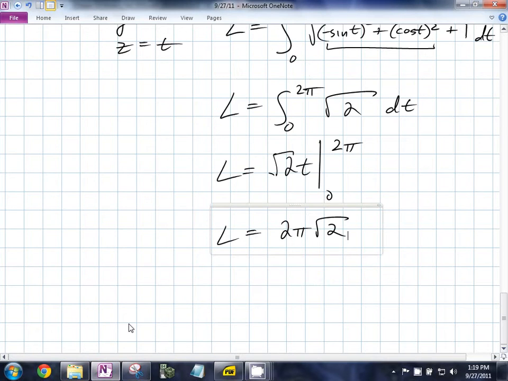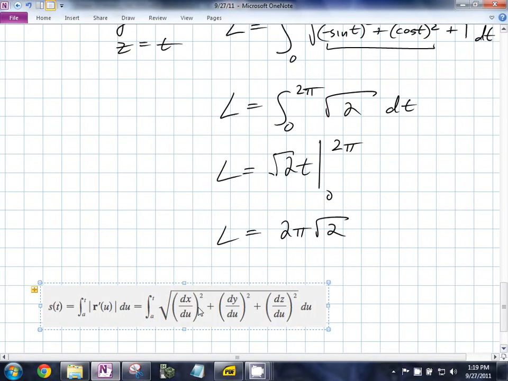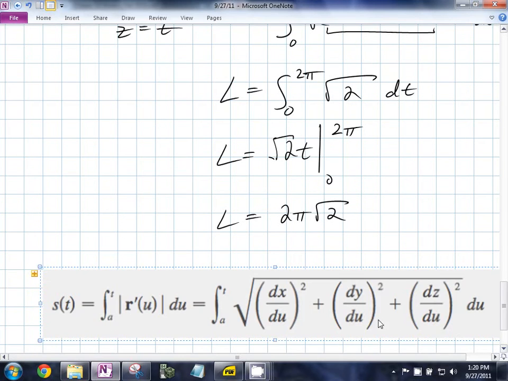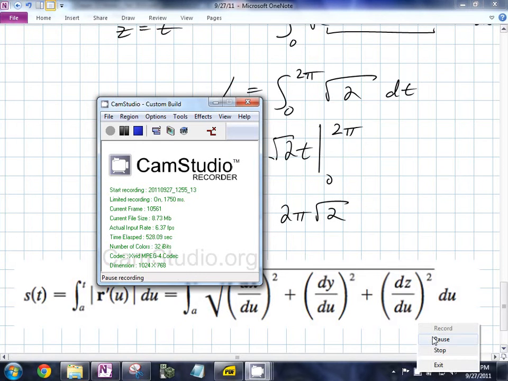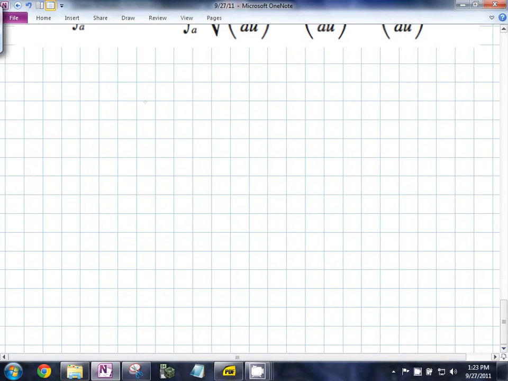So we have this. S of t is going to be arc length, the distance: the integral from a to t of the magnitude of r prime of u, du. So what can we do with this? Usually we have s in terms of t, and usually we have r in terms of t. R is the definition of the space curve, how it's traveling, and s is the arc length.